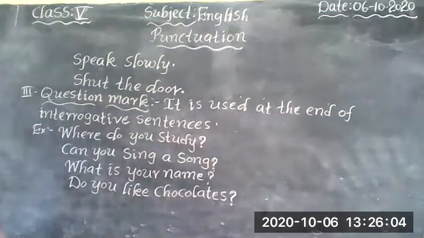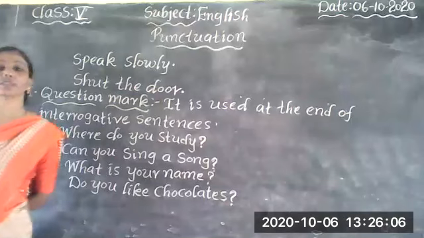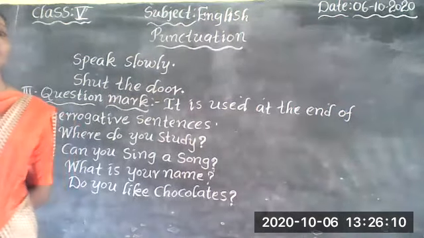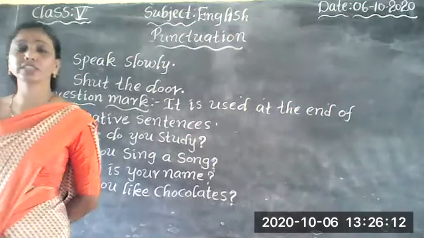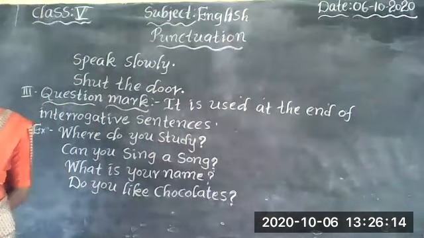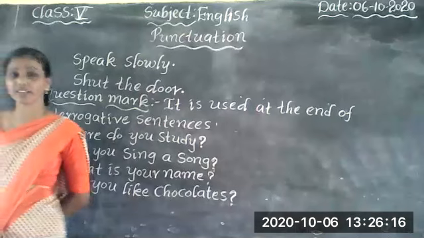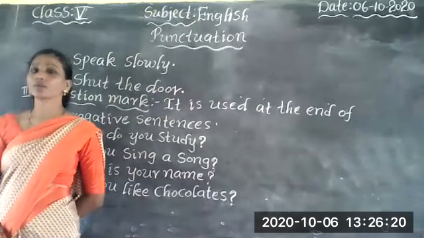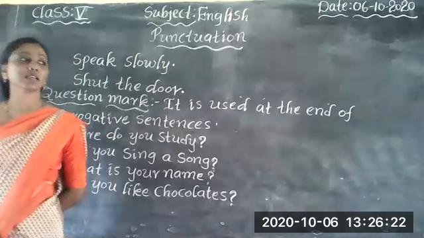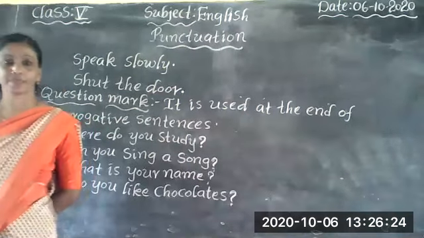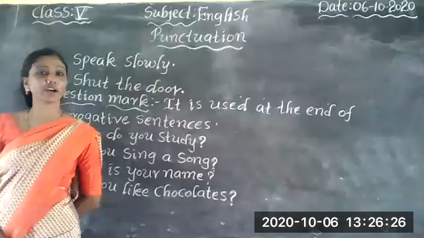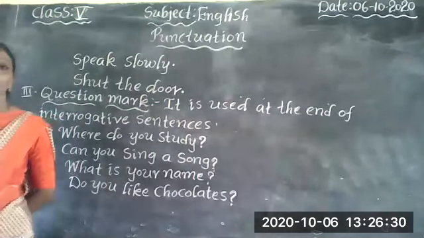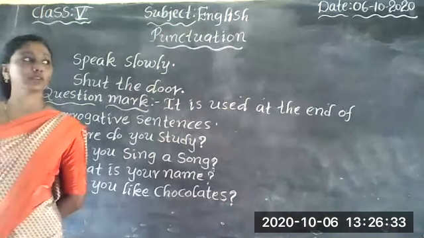So just now, what did we learn? What are the punctuations we learned? The first thing is capital letters. When do we use capital letters? At the beginning of the sentence, with proper nouns, I, and he, him, his if they stand for God, and the beginning of abbreviations and direct speech.